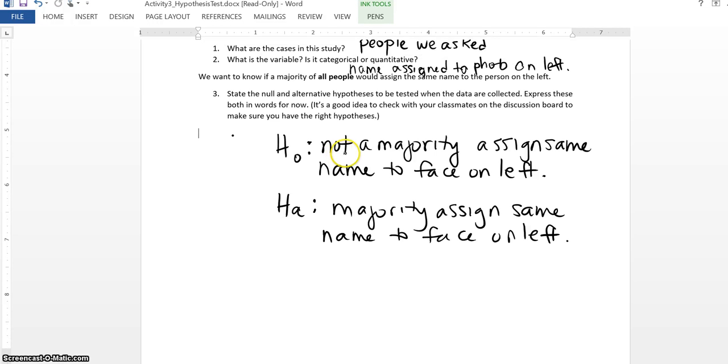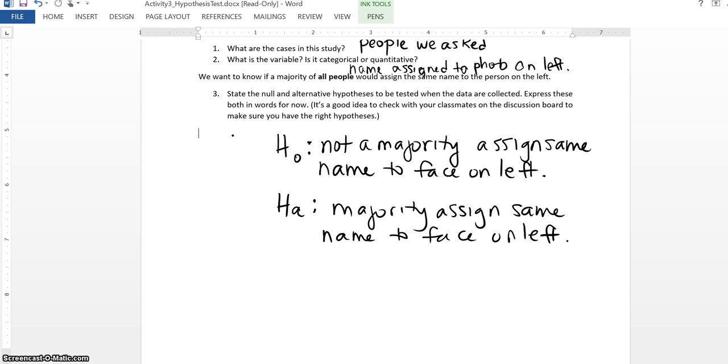Going back to look at our old hypotheses, the null hypothesis is that it was not a majority assigned the same name to the face on the left. If there's not a majority either way, then the proportion who would assign Tim and who would assign Bob would have to be the same, which gives us p equal to 0.5. The alternative is that a majority assign the same name to the face on the left. That could either be more people assigning Tim or more people assigning Bob, but it means that the proportion assigning Tim is not equal to 0.5.